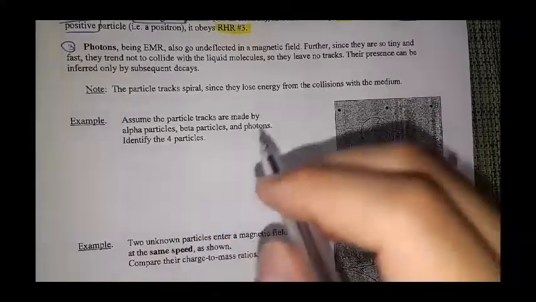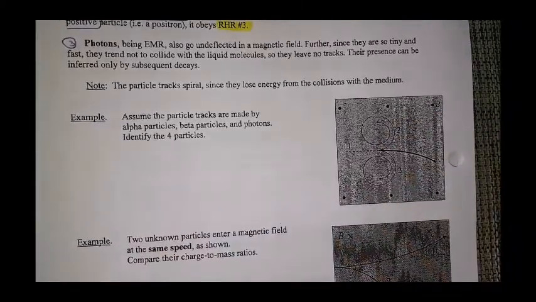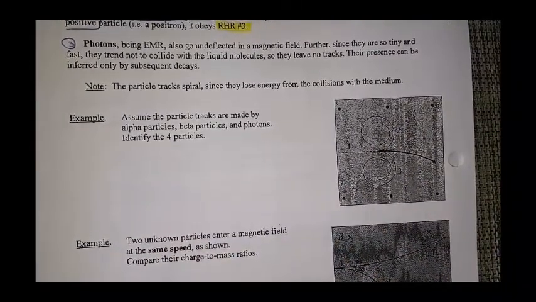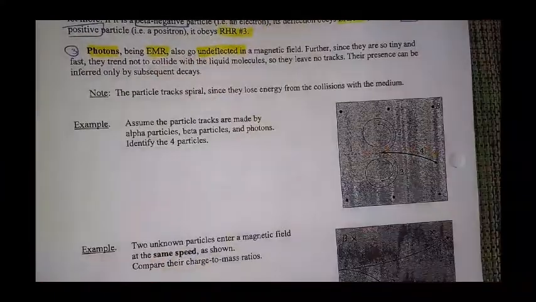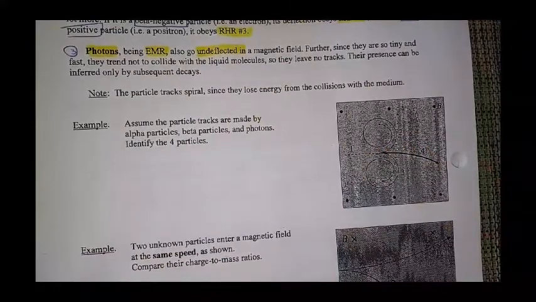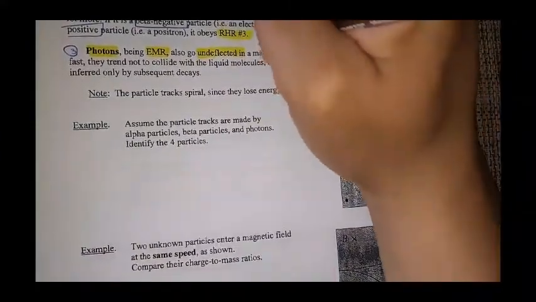Photon, example is gamma particle and gamma decay, those kind of situation. First thing first, photons are electromagnetic radiation, so it will not be deflected by any type of motion. So that means it's going to be straight.